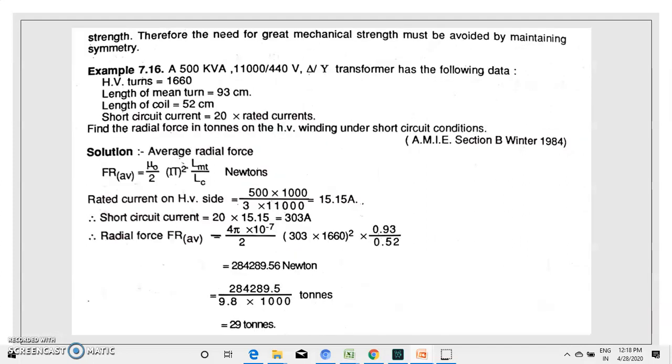So let's see one simple example to calculate radial force or maybe axial force. Simply read the example carefully.